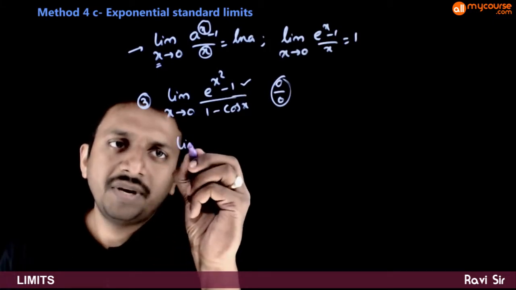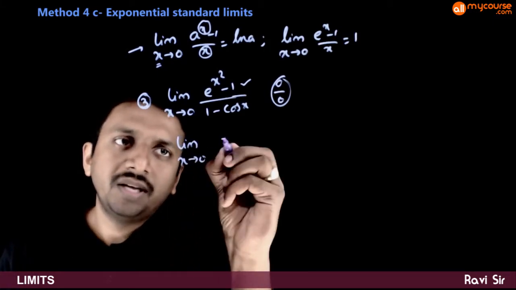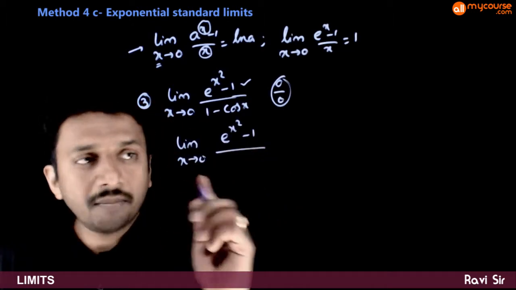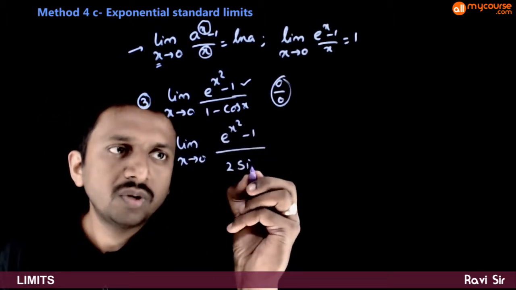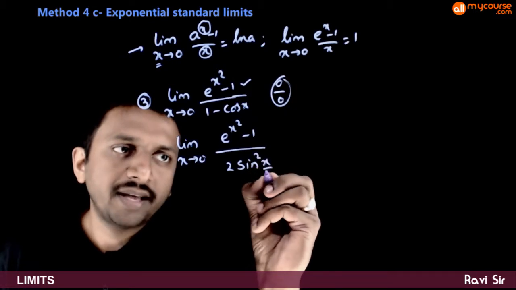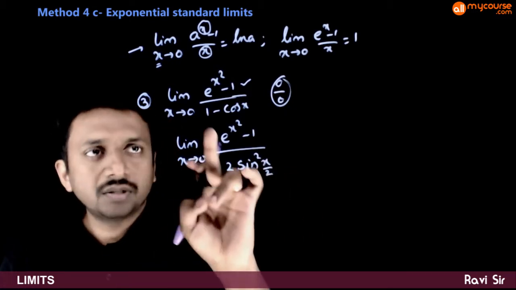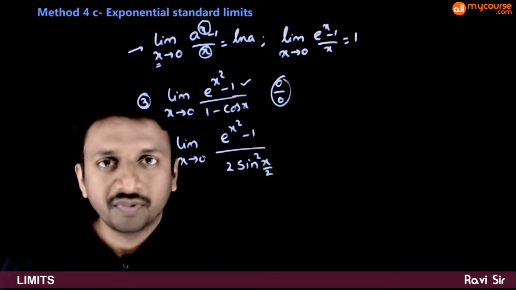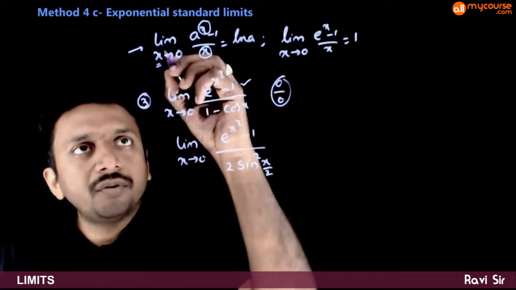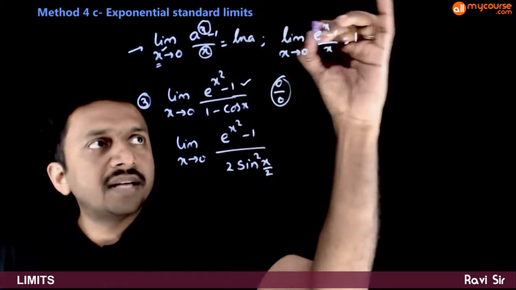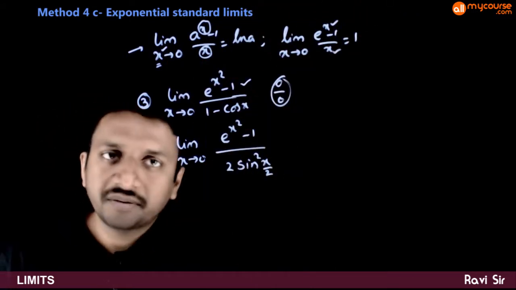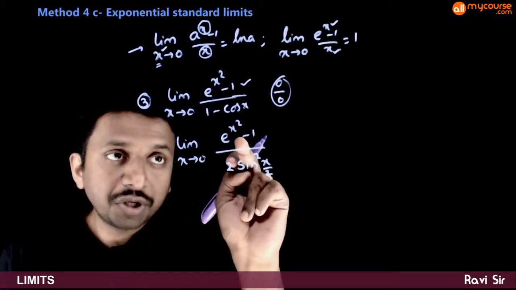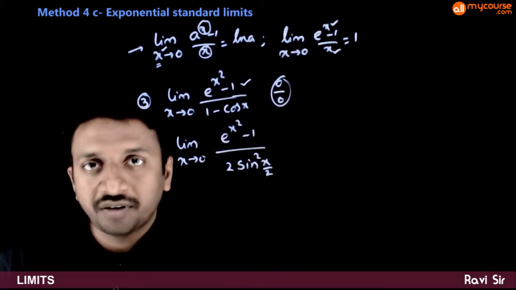So what I do is, limit x tends to 0, (e^(x^2) - 1) divided by (1 - cos x), and 1 - cos x is 2 sine square x/2. Now as we know, if you have x here, you have to have x here and x here. As x tends to 0, x square also tends to 0, so you should have an x square in the denominator.